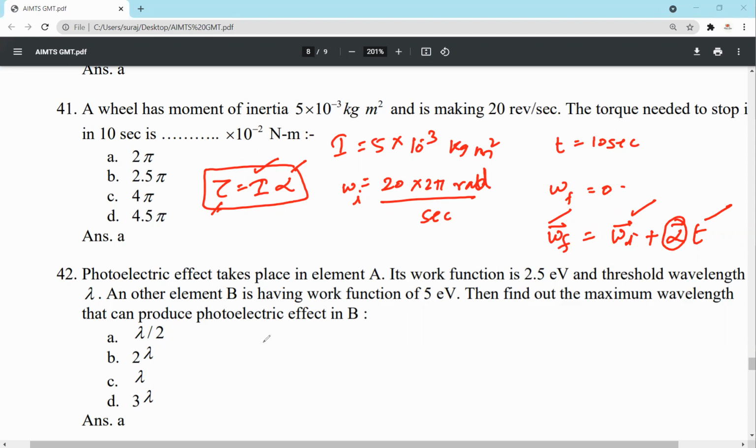Another element B has work function 5 electron volts. Then find the maximum wavelength that can produce the photoelectric effect in B. Work function of A is 2.5 electron volts and threshold wavelength is lambda. Work function is hc by lambda naught, and lambda naught is given as lambda.